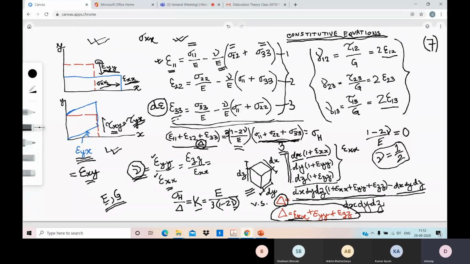So if this term is 0, you can write that sigma 33 equal to sigma 11 plus sigma 22 by 2, because under plastic deformation condition, nu equal to half. For elastic deformation condition, nu value depends on the material.